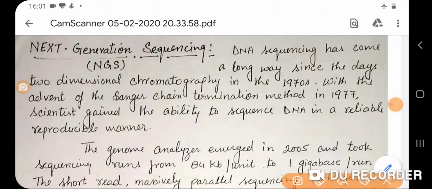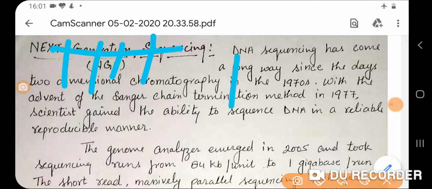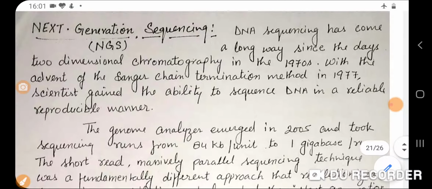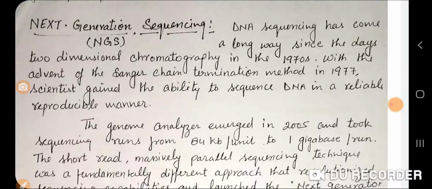If you want to sequence, you take a sequence, break it down, perform the two-dimensional chromatography, and identify ATGC. It takes too much time, sometimes 10 to 12 years. The Human Genome Project took 13 years to complete. So it is a very tedious process.